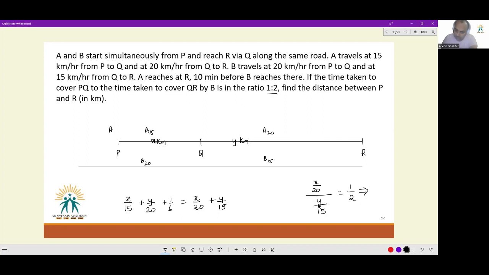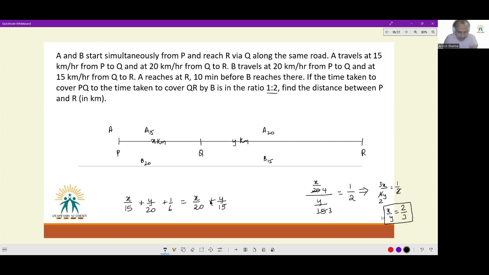This will become 4, this will become 3. This gives us 3x by 4y equal to 1/2. So x by y is equal to 2/3.